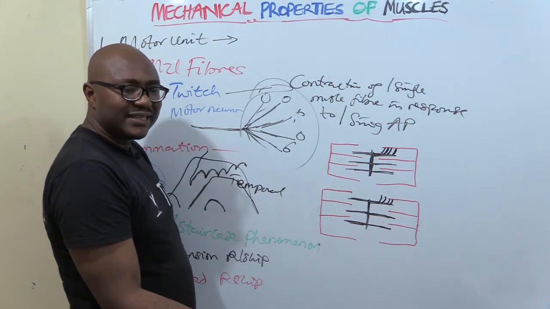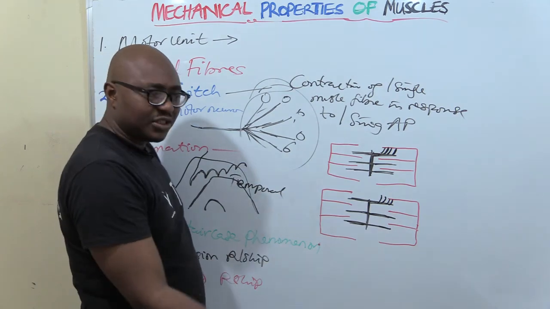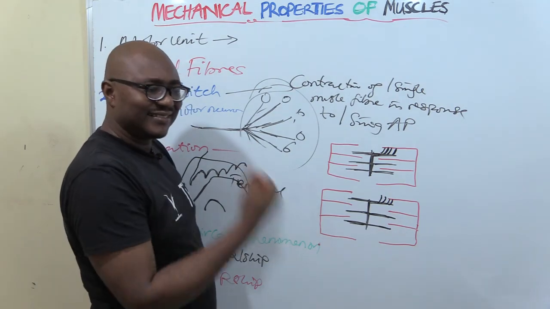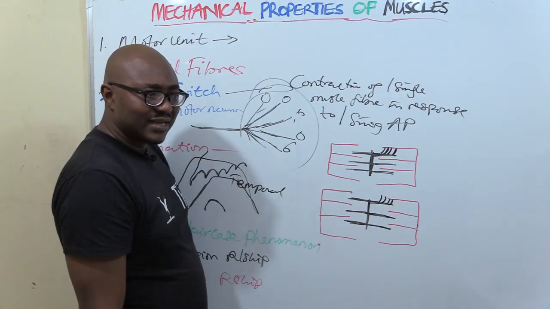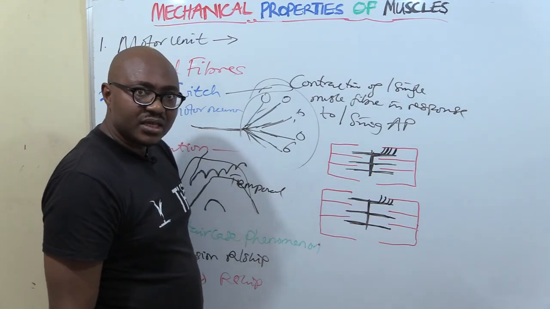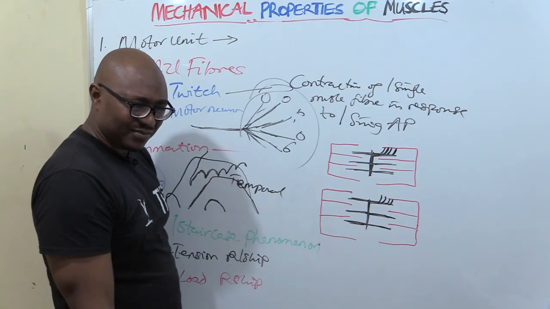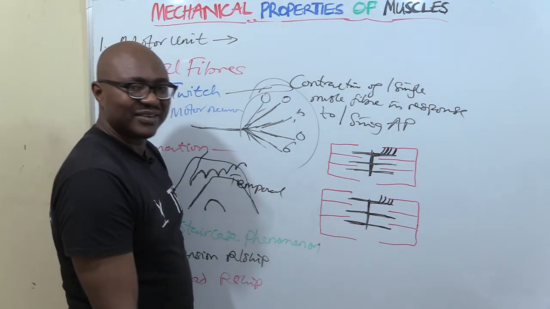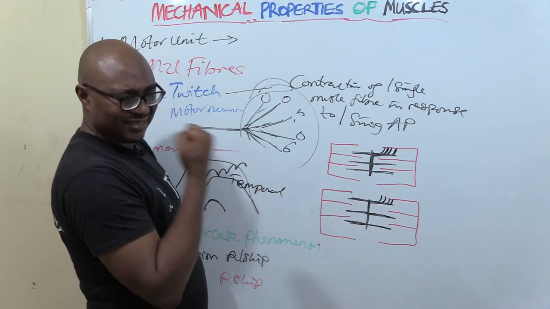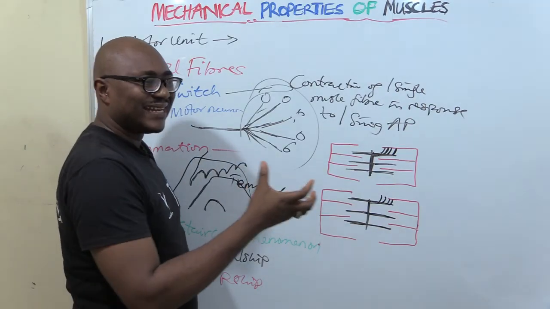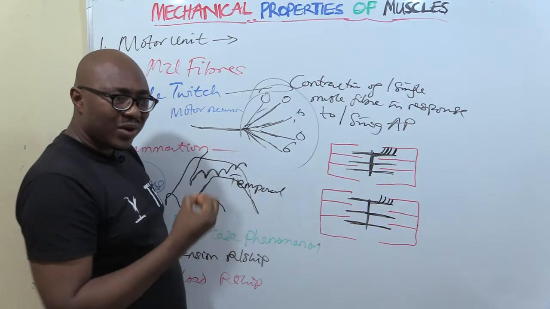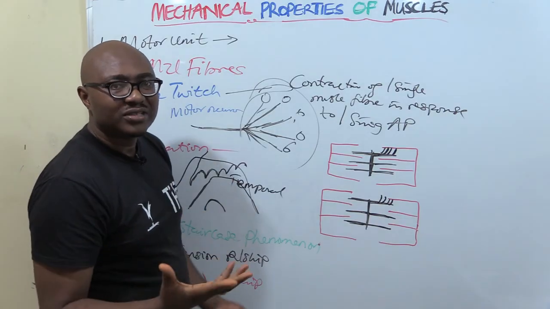If I'm holding a 3 kg dumbbell, I can easily raise my hand, and the speed will be very fast. But if I'm holding a 15 kg dumbbell, what do you think will happen? I can't raise my hand very fast like that. The speed of contraction will be slower. So the higher the load, the slower the velocity of contraction.